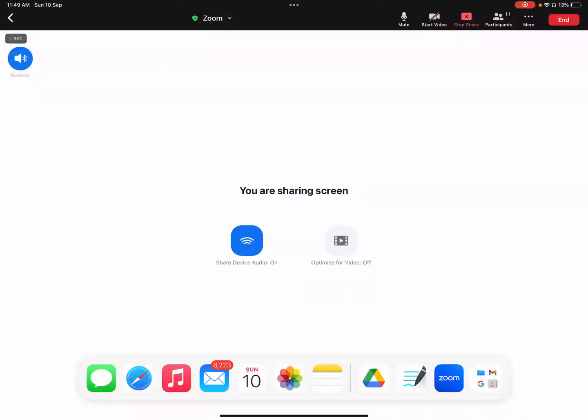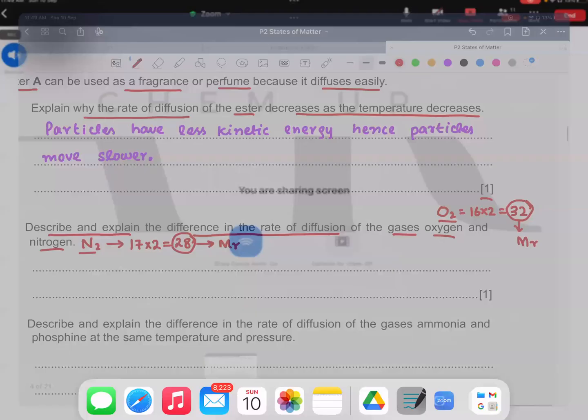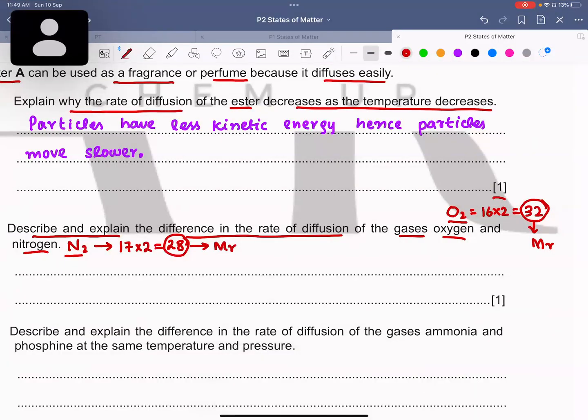Now tell me which gas is the heavier gas? Oxygen is the heavier gas. If it is a heavier gas, does it diffuse slower or faster?